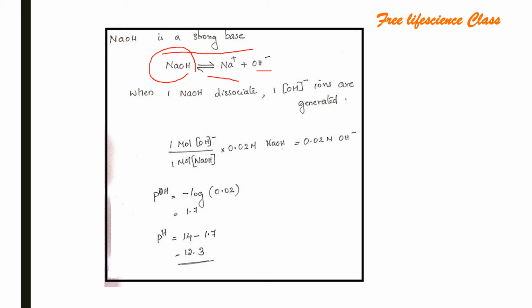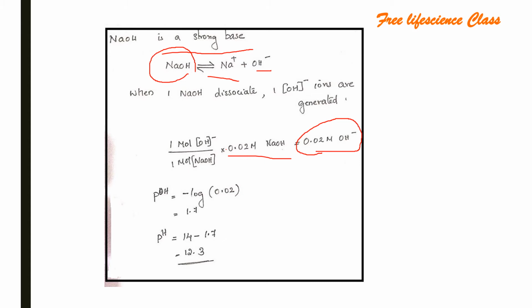So 1 mole OH minus ion divided by 1 mole NaOH, multiplied by the required amount, that is 0.02 mole. We will get 0.02 mole OH minus ions in the solution.